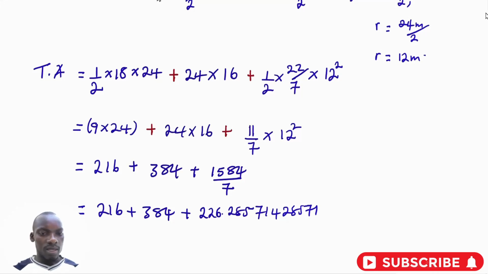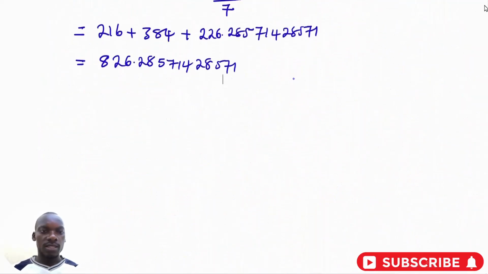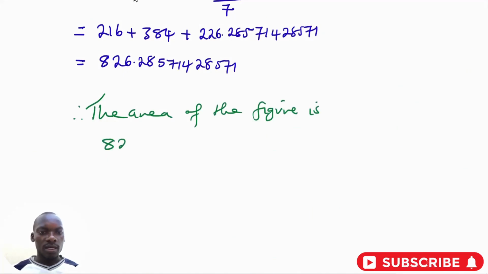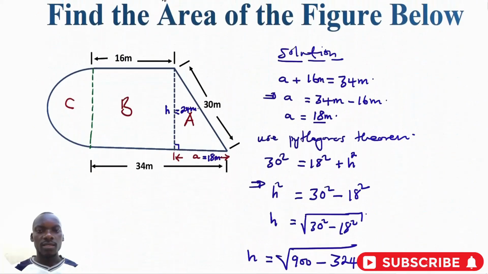As I sum up with the 384 plus the 216, this is giving us 826.285714. We can go ahead and conclude that therefore the area of the figure is 826.29 meters squared. It has to be with the unit as meters squared. This becomes our correct answer as the area of this figure.